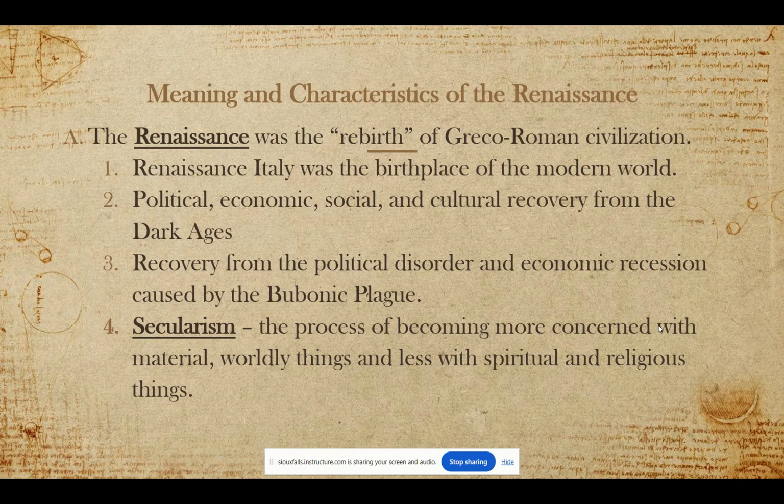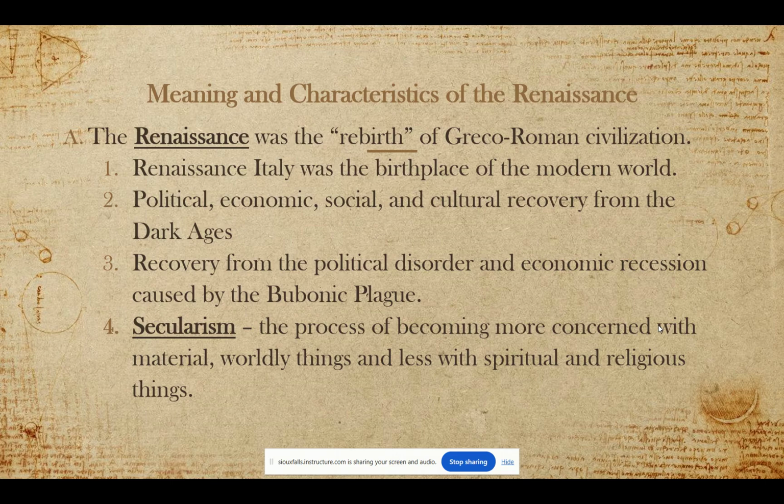And your associative brain then asks the question, rebirth of what? Well, it was a rebirth of art and learning. And you guys know why we would say there was a rebirth, because you know what preceded the Renaissance. It was the Dark Ages.